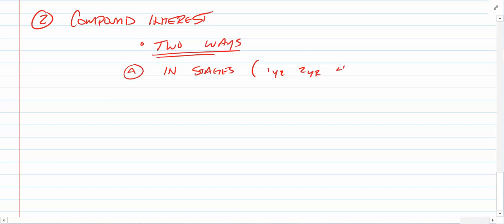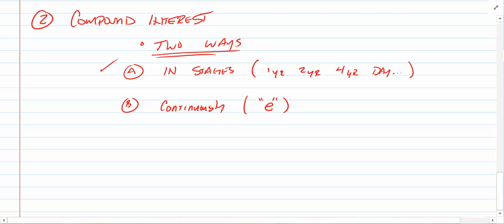It can happen 4 times a year, or it can happen every single day, or in some other variation. It can happen in stages, which is the majority of what happens, or it can happen continuously. And if it happens continuously, that's where we use E, this natural base E again, okay?